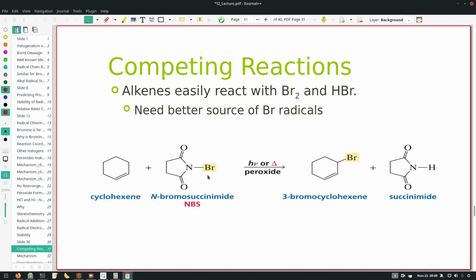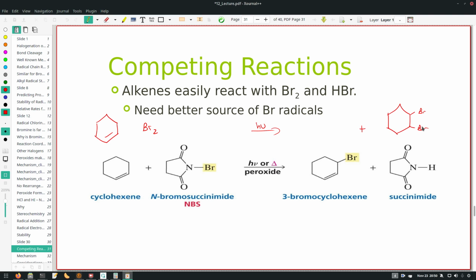I don't have to worry about, if I were to do this with just straight Br2 and hv, I would get this stuff, but I'd also get where I just add across the double bond. So instead of having the double bond, I have a bromine and a bromine.